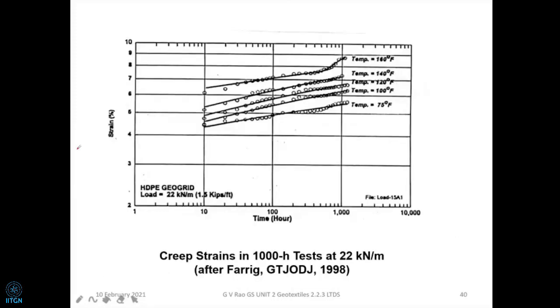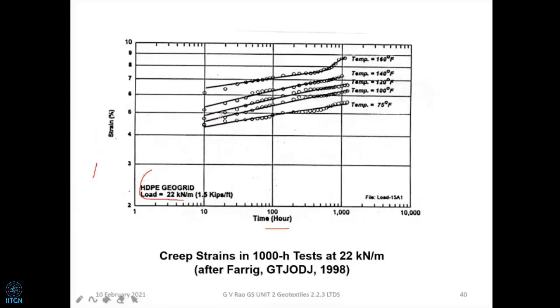Okay, so then the same kind of result, let us say for an HDPE grid, with time here and strain here. We are applying only 22 kilonewton per meter load, and applying the same load, from 10 hours to 1000 hours this is the curve at 25 degrees Fahrenheit.